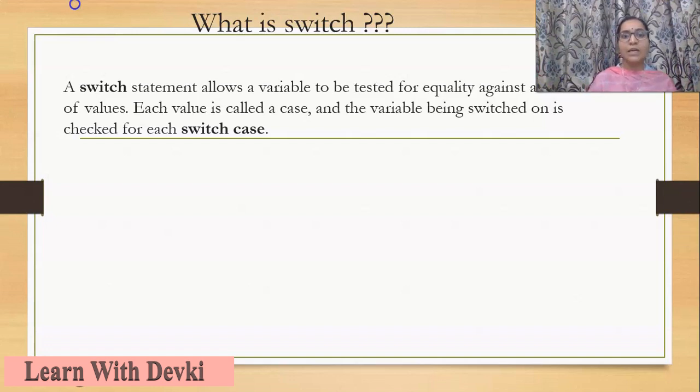So the switch statement allows a variable to be tested for equality against values. Each value is called a case. So against every case, the value of the variable is checked. This is a switch statement.